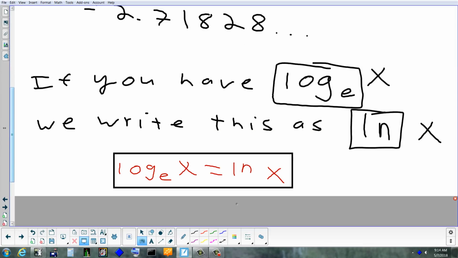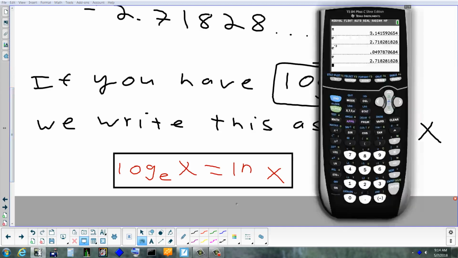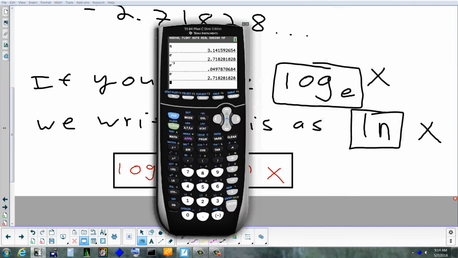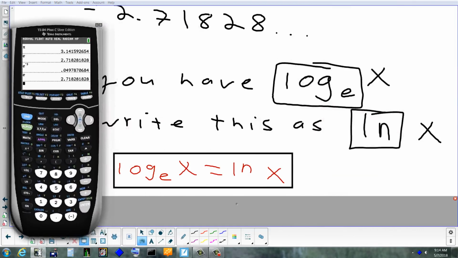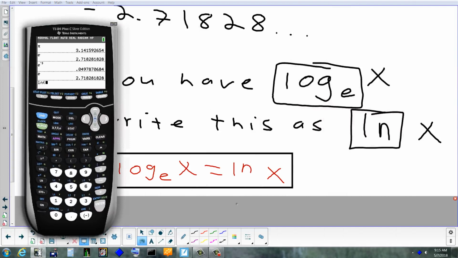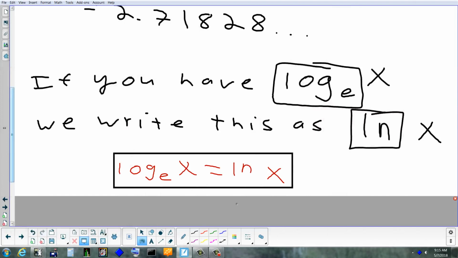But that's how they write it. That's also how you're going to see it on a calculator. If you look at this calculator, or yours, you're not going to see a log base E button. What you're going to see is an ln button. So you just have to know that ln is the abbreviation for log base E.